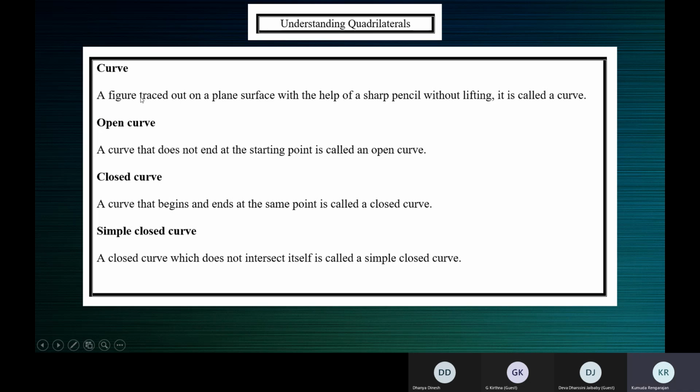A figure traced out on a plane surface with the help of a sharp pencil without lifting it is called a curve. You understand that? When you try to draw something on a plane surface with the help of any writing instrument, children, it need not be a pencil.